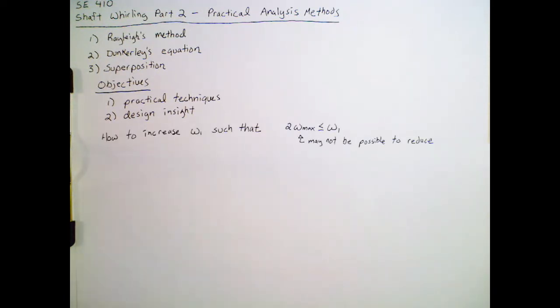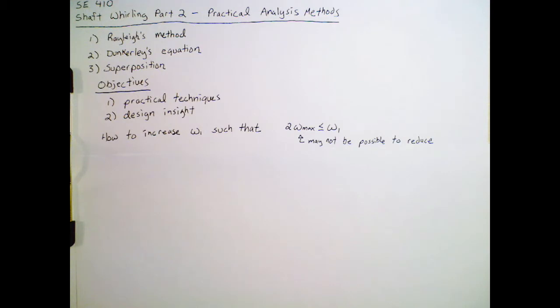Essentially, we want to learn how to design shaft systems such that we can increase the lowest critical speed such that 2 times the maximum operating speed is less than this first critical speed. Often it's not possible to reduce the maximum operating speed. In some applications, maybe it is.